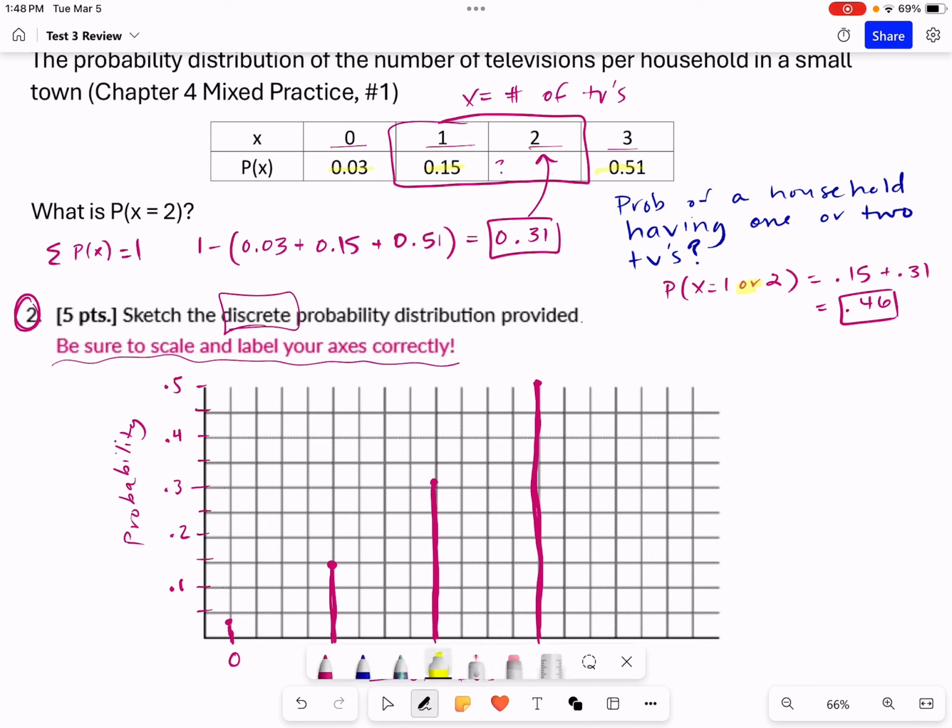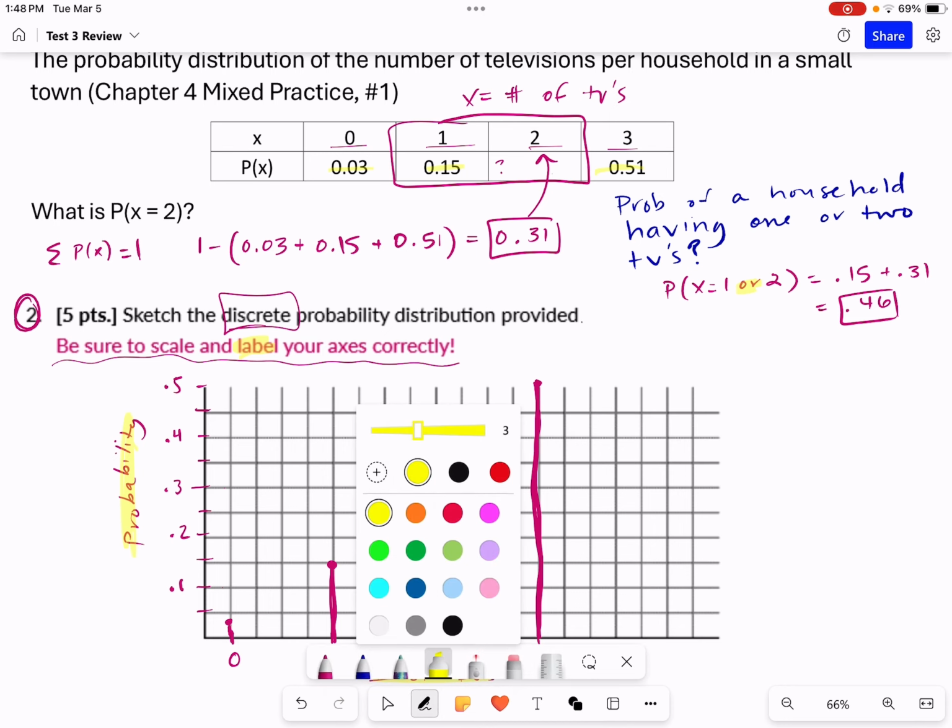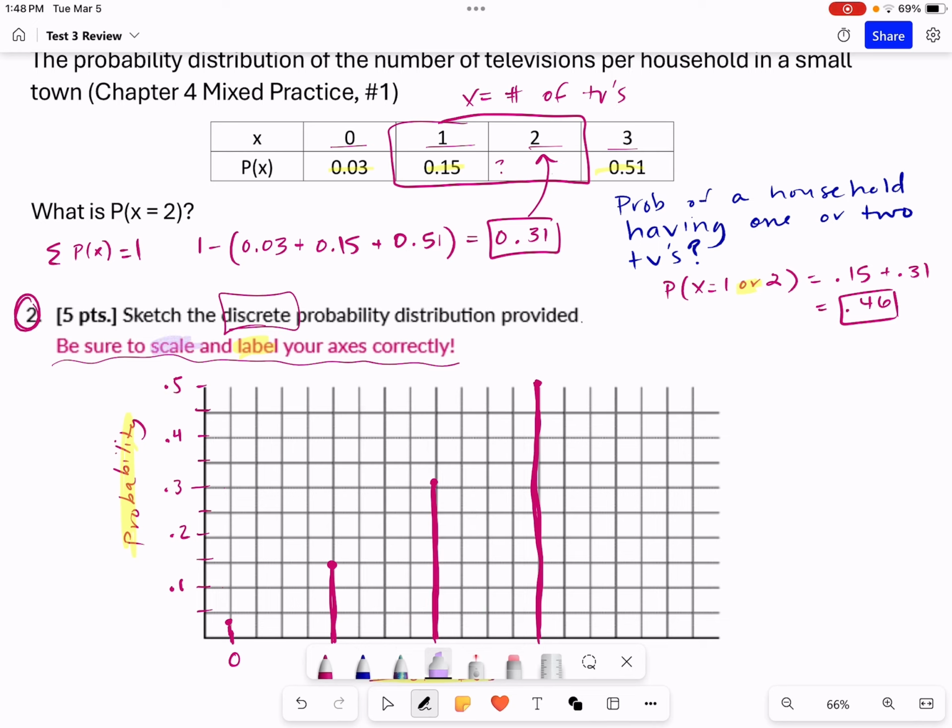So, labeling, that's putting the probability and the number of TVs. And let's use a different color. Scaling, that's having the correct numbers along your axes. So that's what that question is asking about.